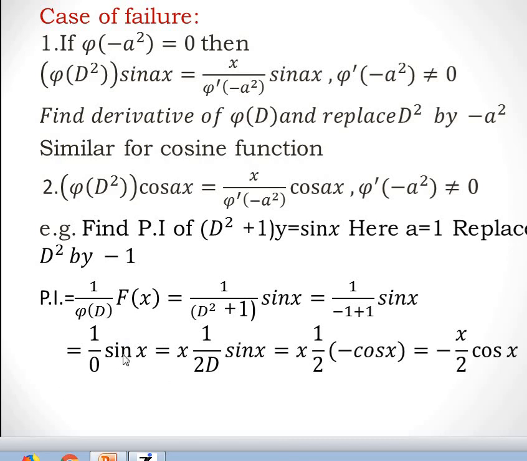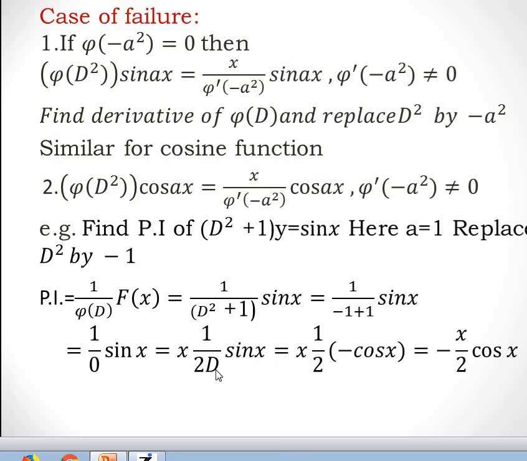So here the case fails. So we have to calculate the derivative of φ of D. φ of D is D² + 1, so the derivative of this term is 2D. So we multiply x with this term, so x upon 2D into sin of x.